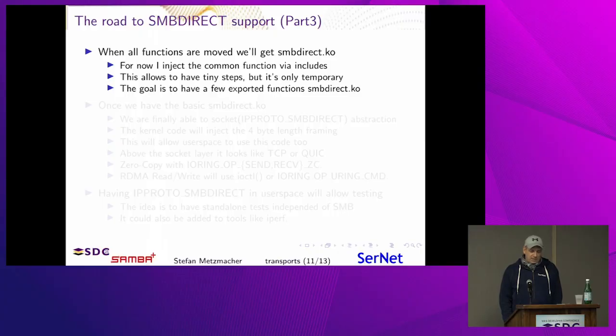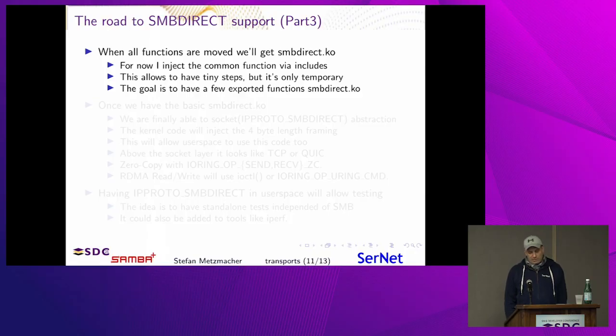So once I've moved all functions, then we will get an SMB-Direct.ko, because for now I inject the common functions via including .c files, which is not the greatest way to do it, but it allows me to do these micro commits and use just one commit per function, which makes it easier to review and test.